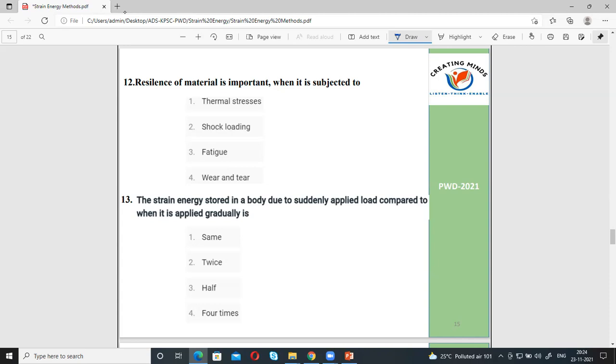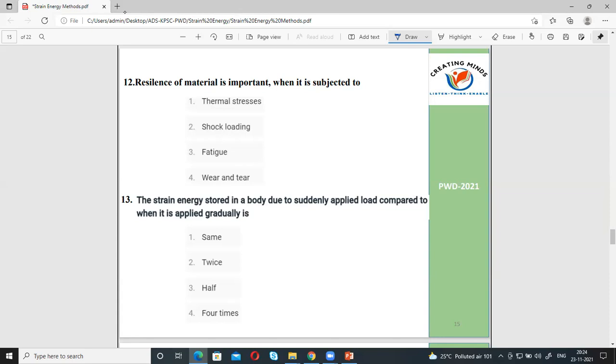Did we discuss anything in this chapter regarding thermal stresses? Shock loading, sir. Yes, shock loading means sudden loading. When a load is applied suddenly, what happens? What is the equation? Sigma equals 2P by A. Right? That is why it is very, very important.